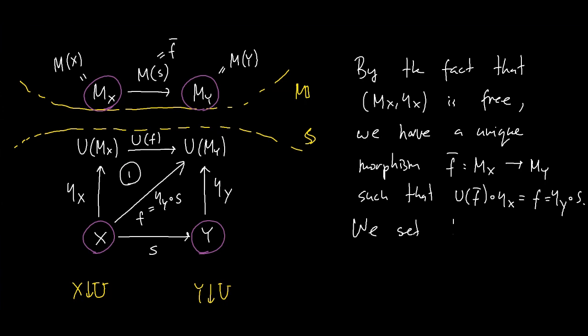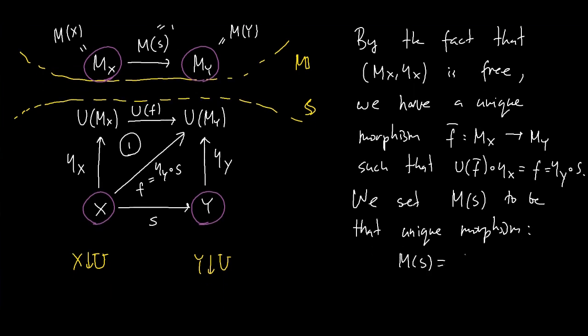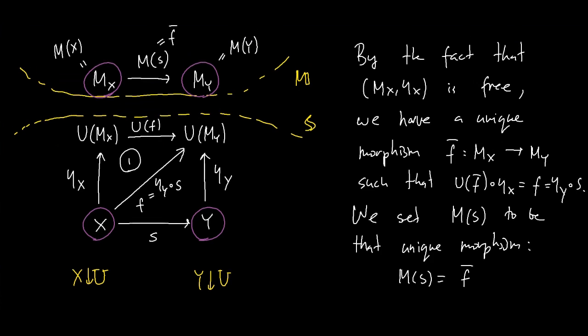We then set m of s to be that unique morphism. So we define m of s to be f bar. Does that make sense, Lian? Yes, sir. I think so.